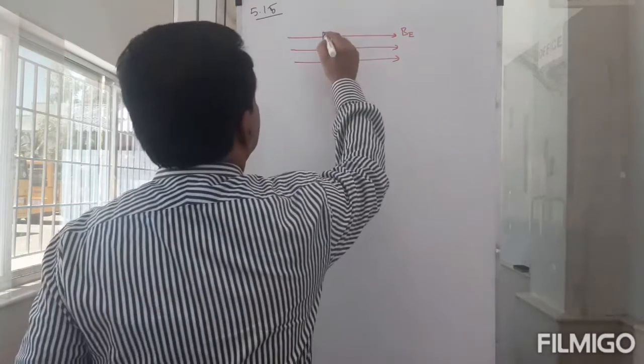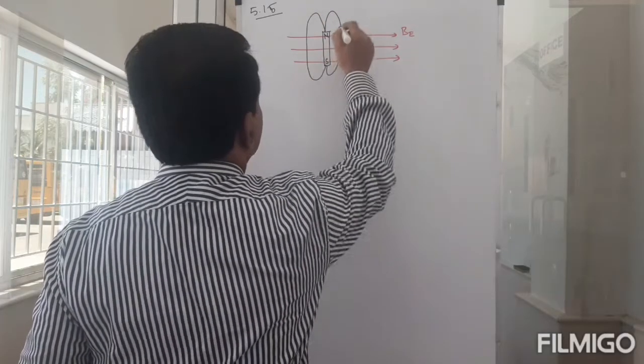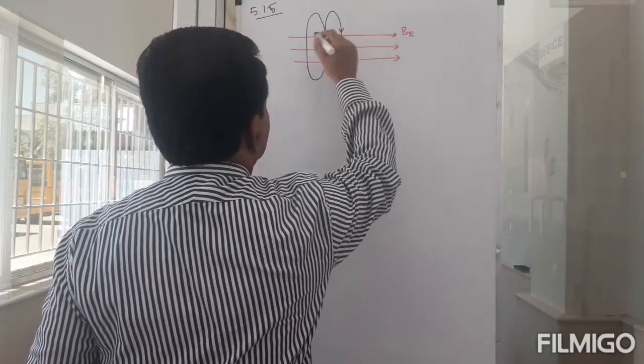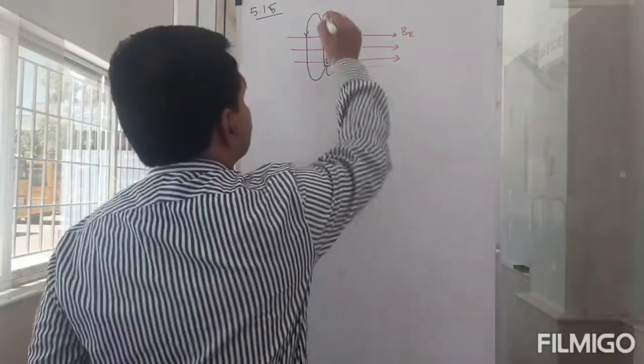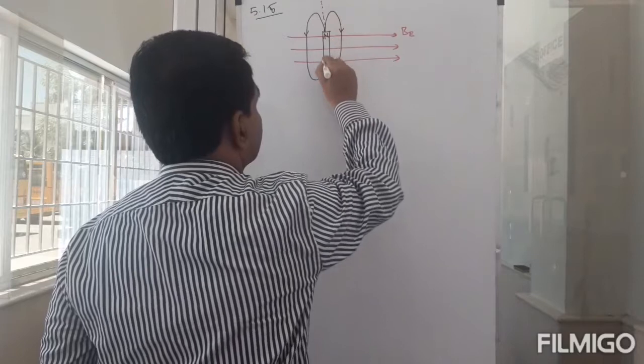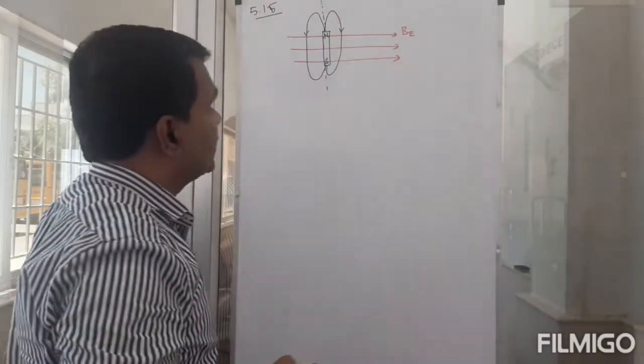And here you will have this, like that. So this is your axial line and this is your equatorial line.